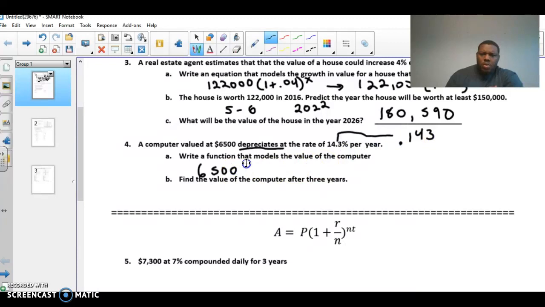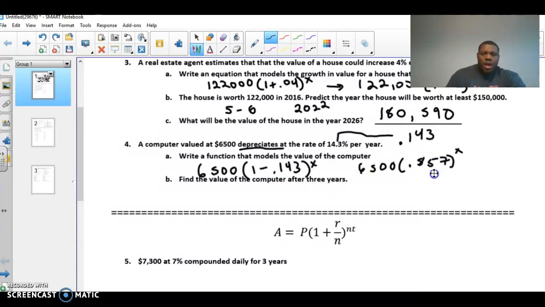So you have 1 minus 0.143 to the power of x, or you can write it as 6,500 times 0.857 to the power of x, because 1 minus 0.143 is 0.857.